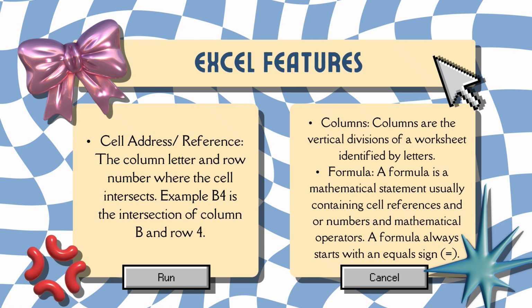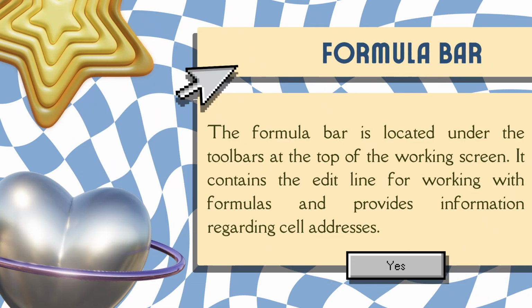Columns. Columns are the vertical divisions of a worksheet identified by letters. Formula. A formula is a mathematical statement usually containing cell references or numbers and mathematical operators. A formula always starts with an equal sign. Formula bar. The formula bar is located under the toolbars at the top of the working screen.